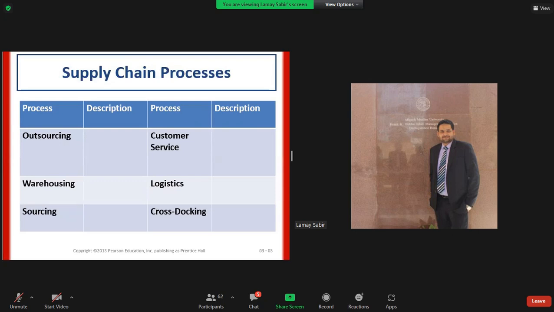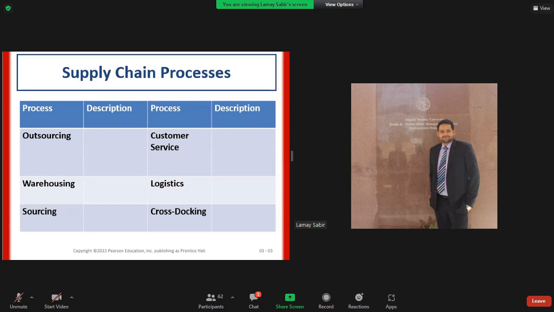In a service firm, for example, a bank will not have a printing press in-house. Bank will outsource that particular job to a printing press. For example, printing of checks, printing of drafts, paperwork, etc. All this should be outsourced by the bank. You may not find a printing press inside a bank.